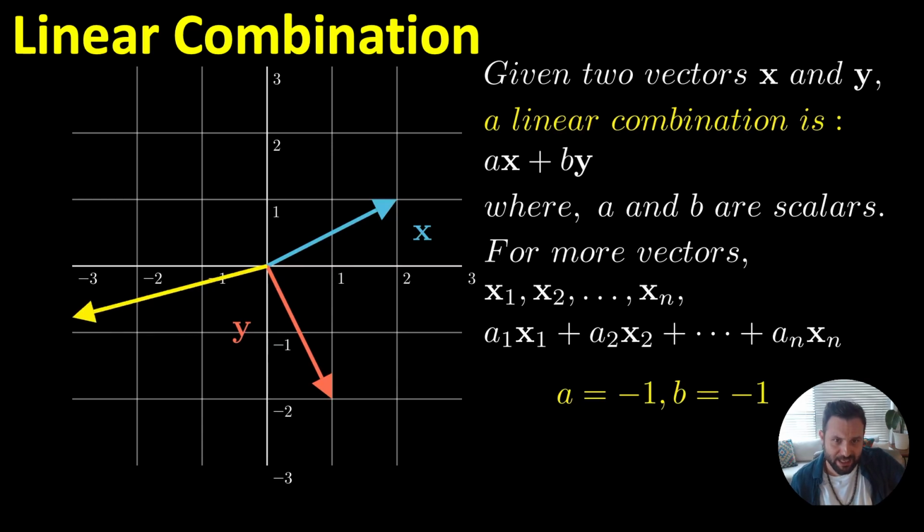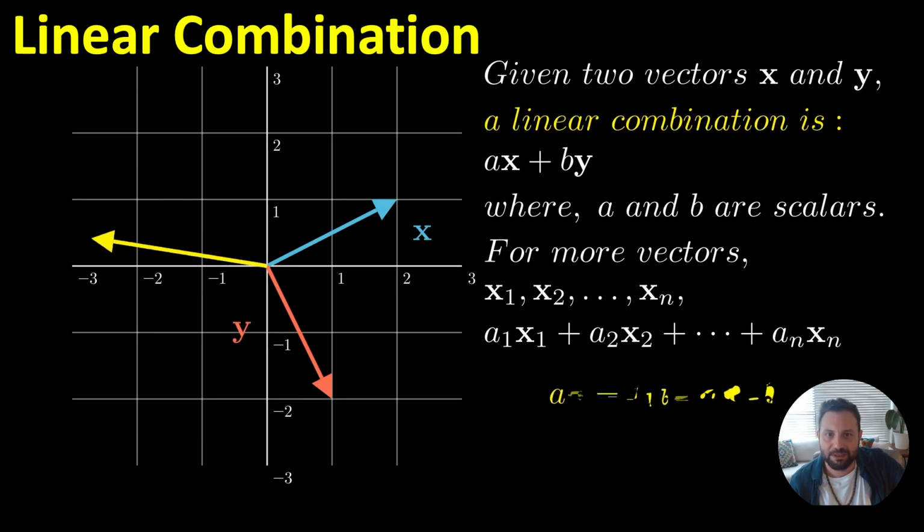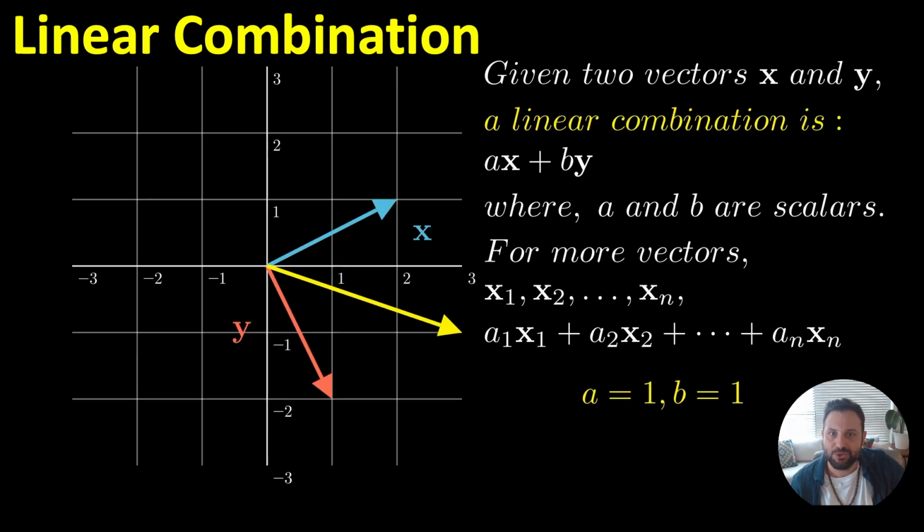Note that by linearly combining these two guys, I will change a and b. As I change a and b with different numbers, I will get different yellow things, right? So the linear combination of these two guys, the blue vector and the red vector, x and y, is going to give me the yellow.